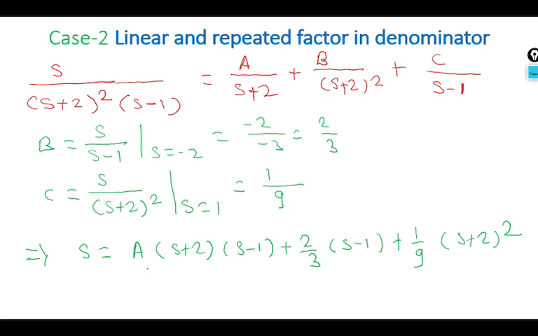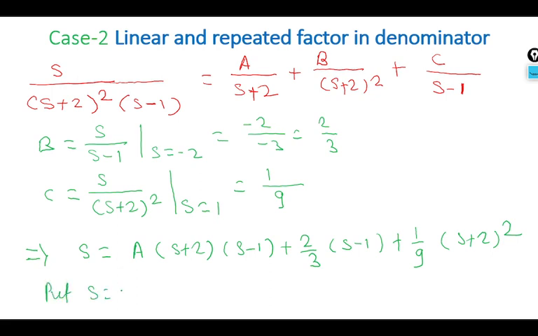And to get the value of a, see, this entire equation holds for infinitely many values of s. You can replace s with any value, other than minus 2 and 1, which we already used. Just a simple value other than minus 2 and 1 is 0. 0 is the best value, or you can use any value, say 10 or 100, but the best value is 0.